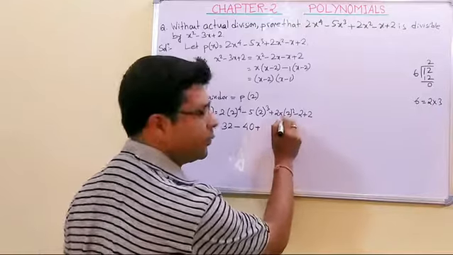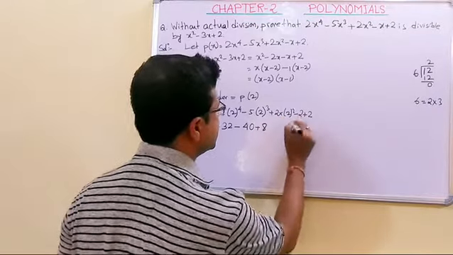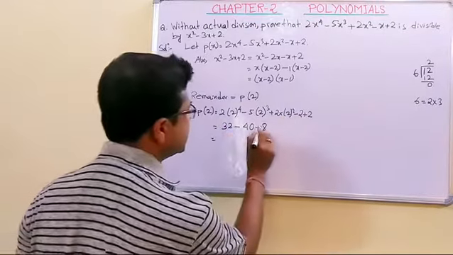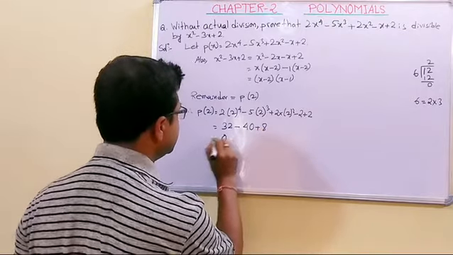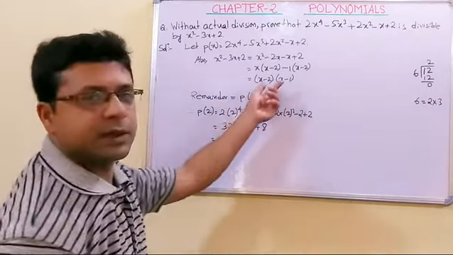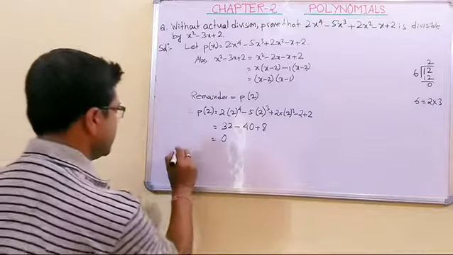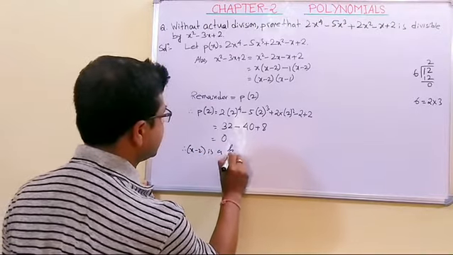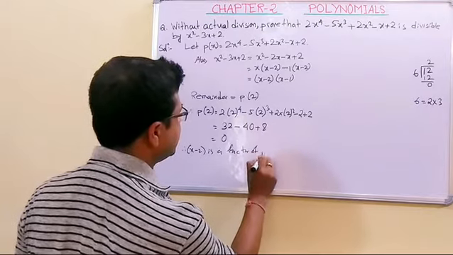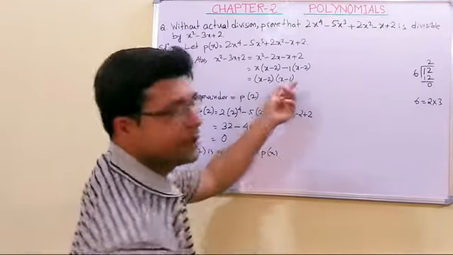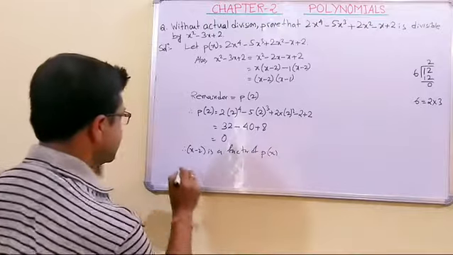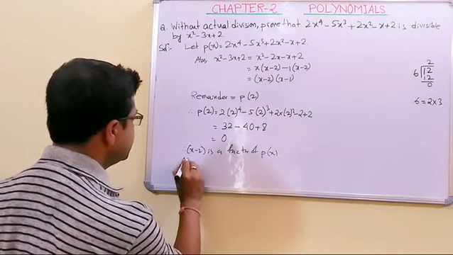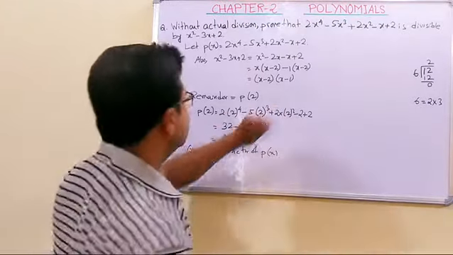Plus 2² is 4. 4 into 2 is 8. These 2 cancel. This is 40. 40 minus 40 is 0. That means x − 2 is a factor. Therefore, x − 2 is a factor of P(x). Now, one more is left with x − 1. Also, let us find the remainder here.